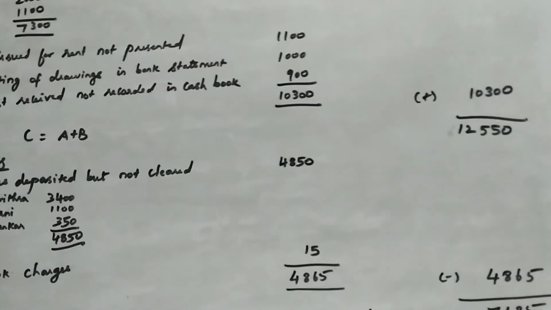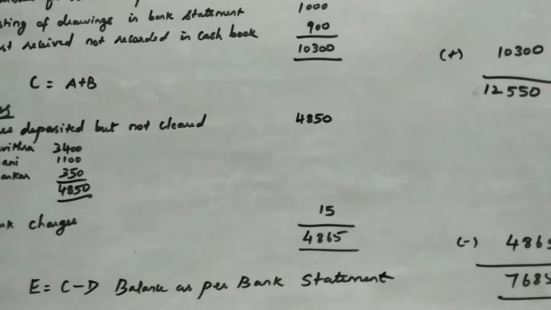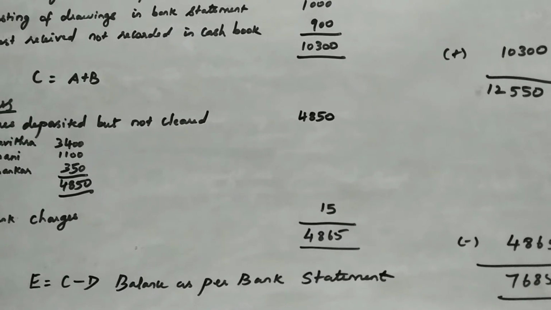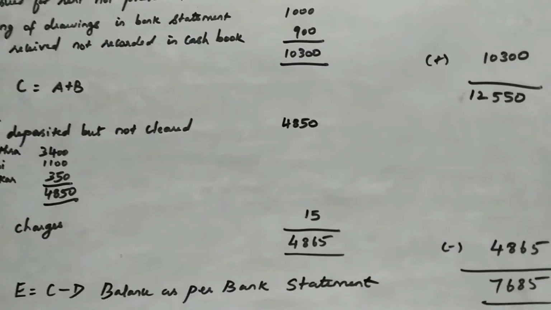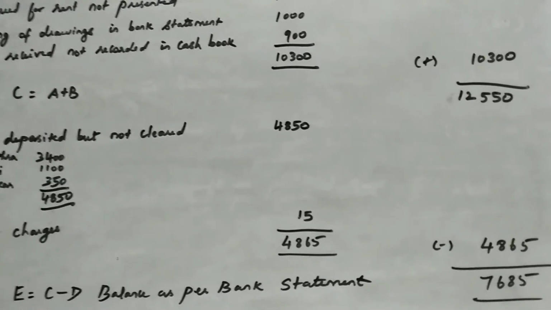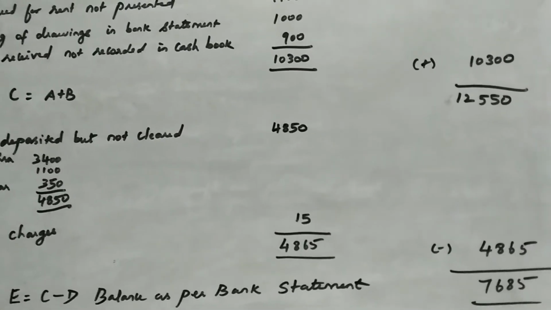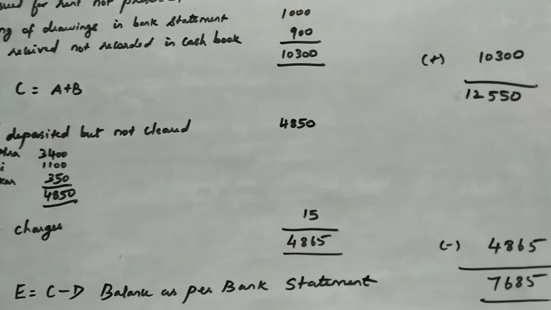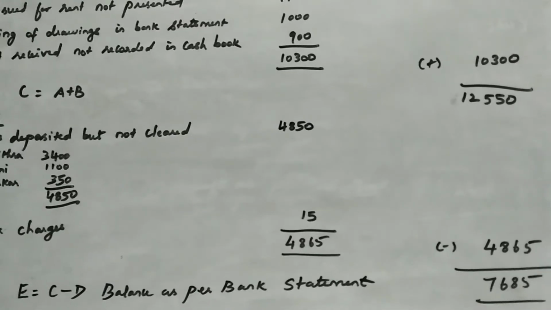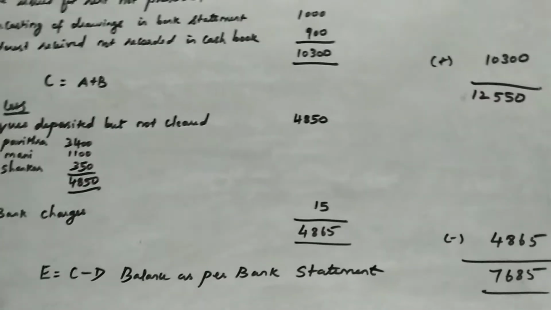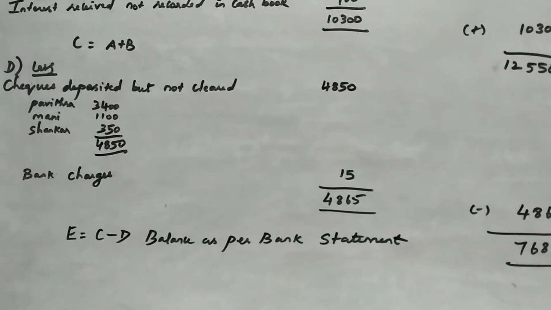So in your cash book on the debit side, we have checks deposited. It is a receipt. We have received a check from Pavitra. We have deposited it, but that amount has not been credited to our account, 3,400. Similarly, money 1,100. We have deposited the check with the bank, but it is not yet credited to our account. Similarly, Shankar 350. Right, checks deposited but not cleared.